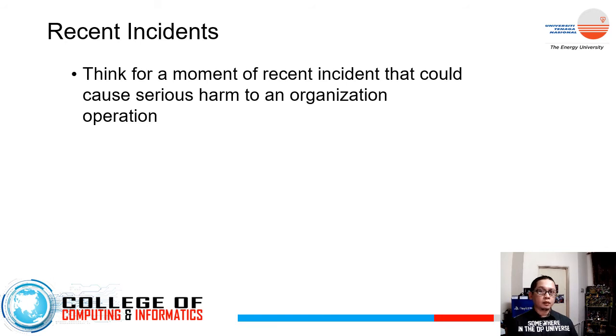Now before we begin, think about the recent incidents as an example of what incident could actually cause serious harm to an organization's operation. So for one example, let's say currently we have the incident of the JNT operation.